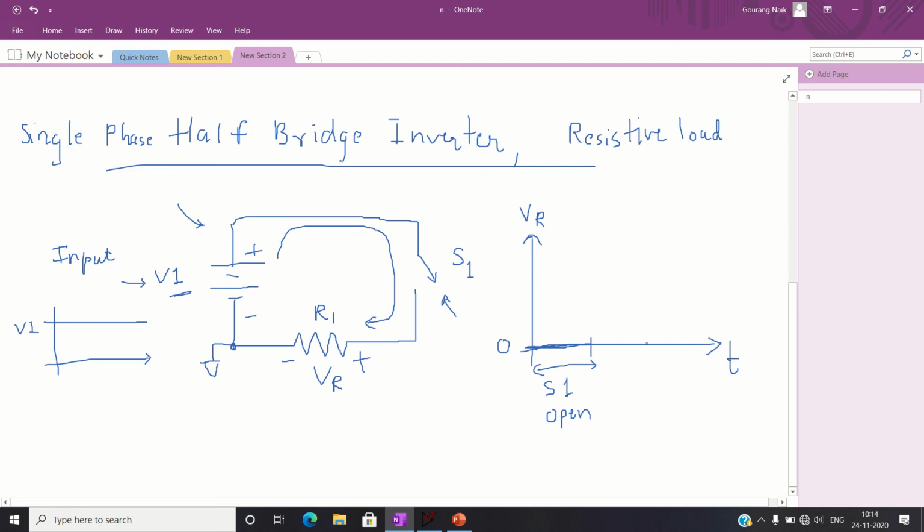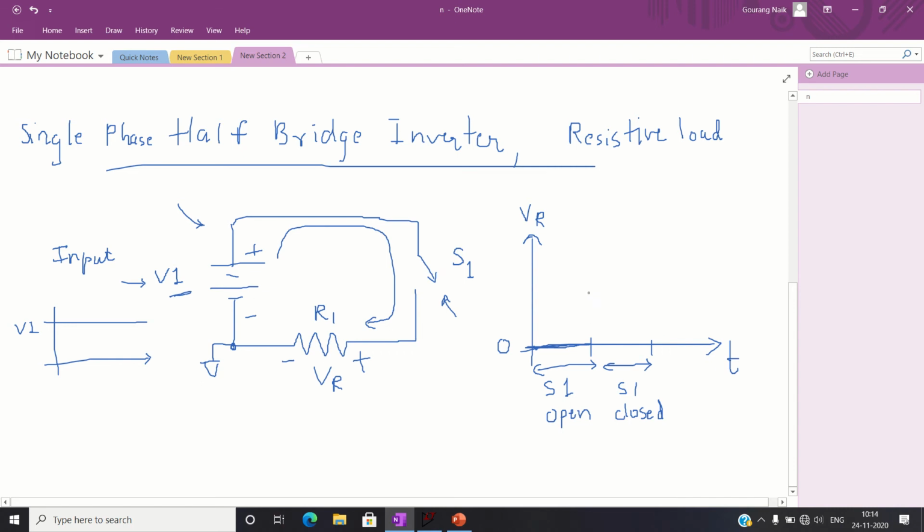Then for the next time period, let us say my switch S1 is closed now. When I close the switch S1, what will happen? Current will flow, and the voltage across the battery will appear across your resistance.